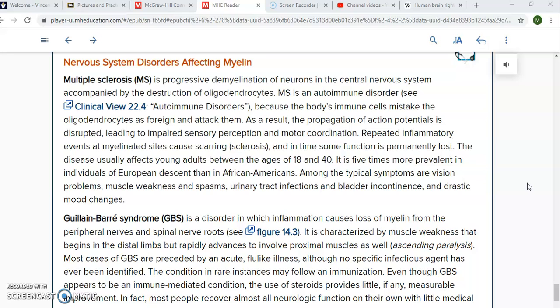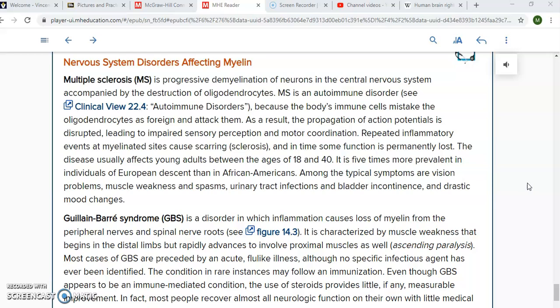That impairs the ability to perceive incoming sensory information, and motor coordination is impaired as well. It also progresses, and you can get permanent loss of functioning of some parts of your nervous system.